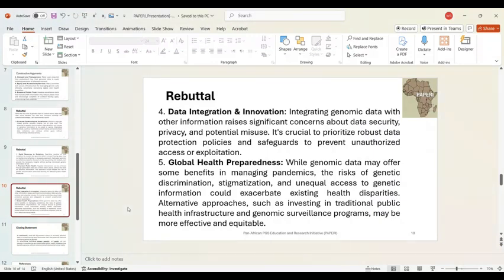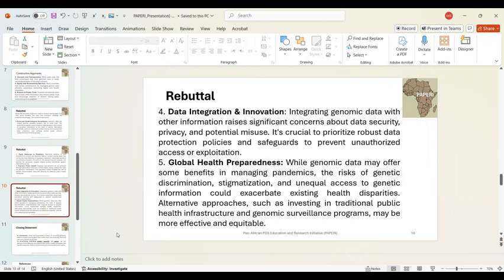While genomic data may offer some benefits in managing pandemics, the risk of genetic discrimination, stigmatization, and unequal access to genetic information exacerbates existing health disparities. So I advise alternative approaches, such as investing in traditional public health infrastructure and genomic surveillance programs, which may be more effective and equitable.